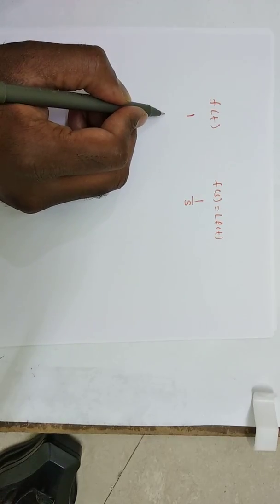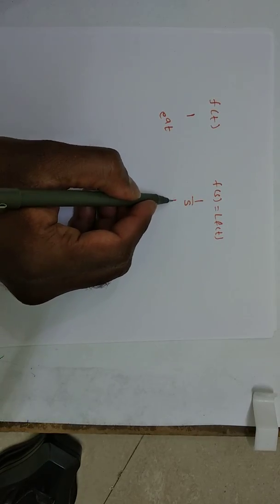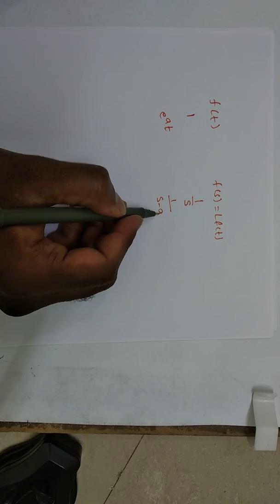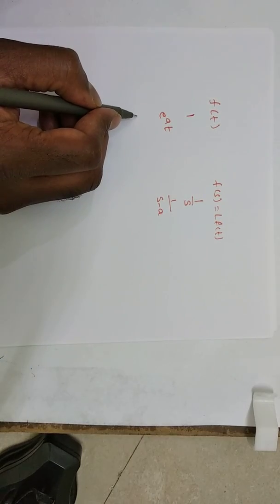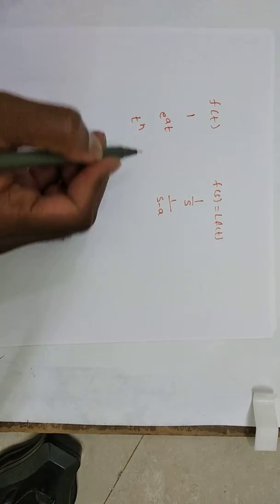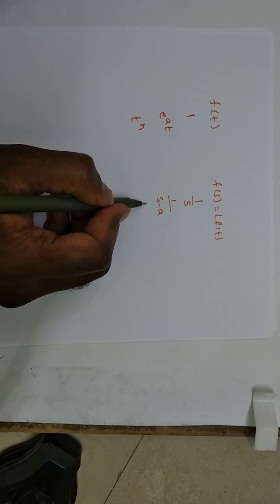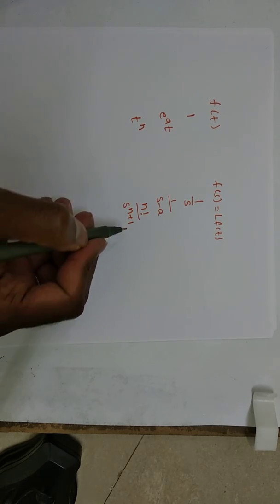If f(t) is e power at, then F(s) is 1 by s minus a, where s minus a is greater than 0. Now t to the power of n is n factorial by s power n plus 1.